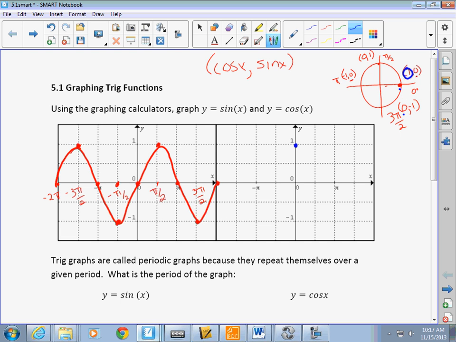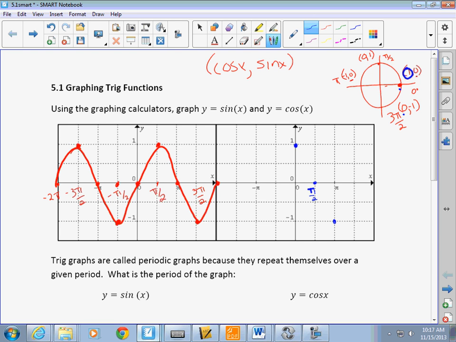At pi over 2, which is here, I'm at 0. At pi, cos is negative 1.